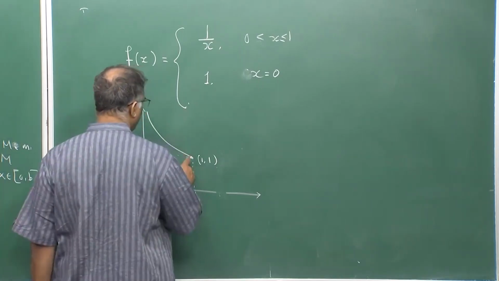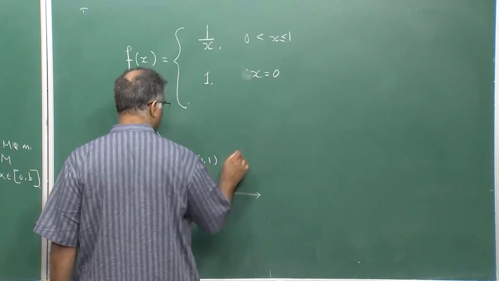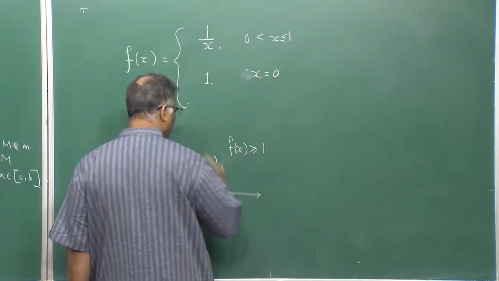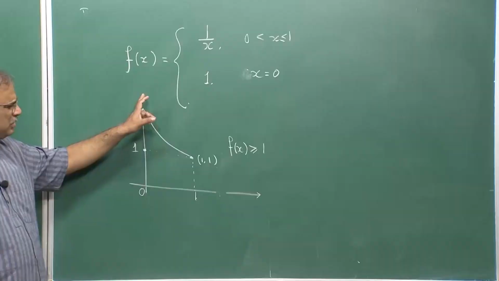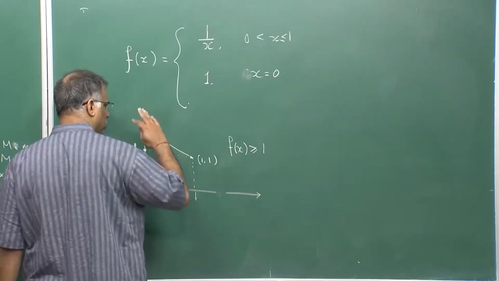but you see the function is bounded below, because for any x here f of x is bigger than or equal to 1. So, you have found your small m, but is there a large M here? No, because of all the values of the function.